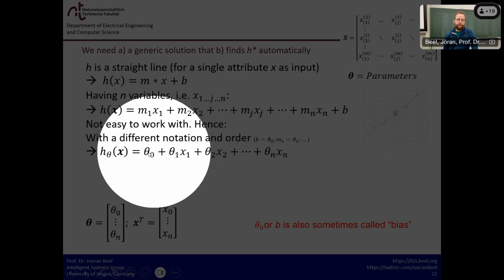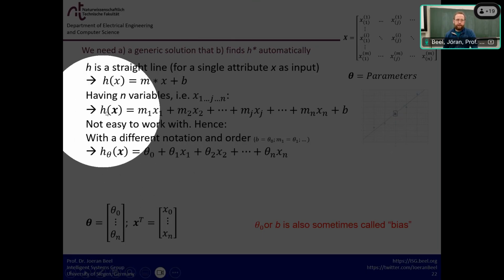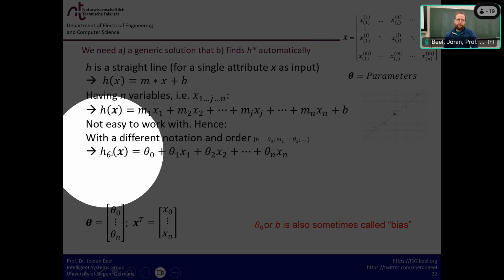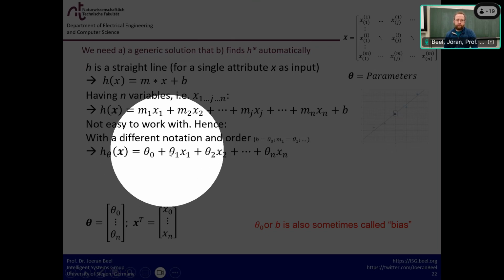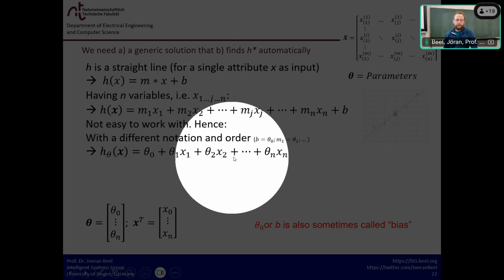So the notation becomes this. And we move b, or theta 0, to the front. So our new hypothesis, we write h of x as h theta of x, just to make clear that h depends on both x and theta. So theta 0 plus theta 1 x1 plus theta 2 x2 and so on.